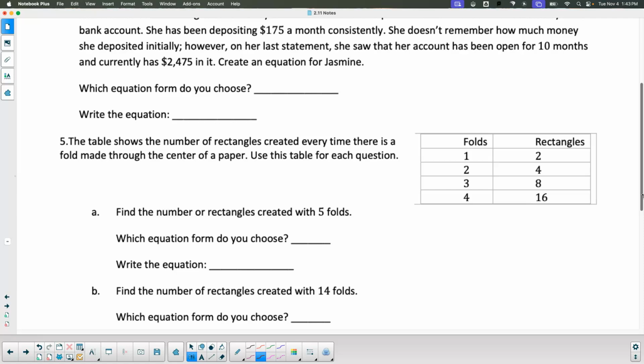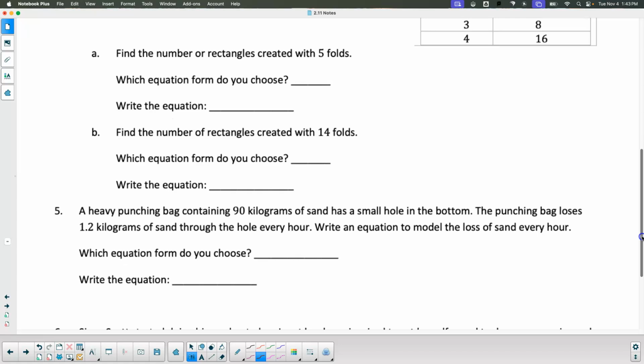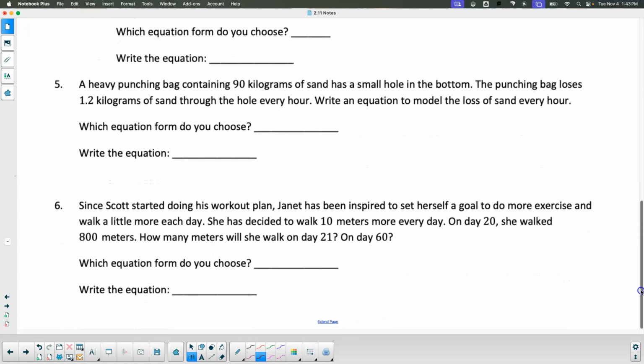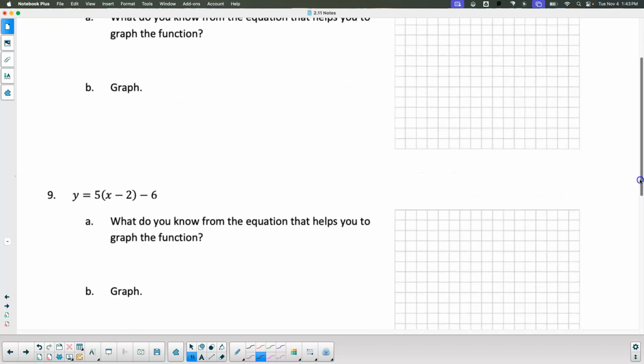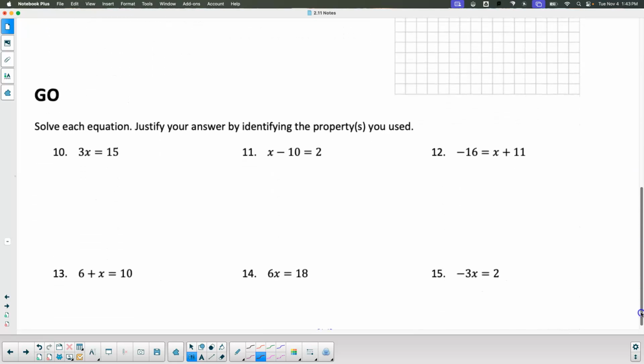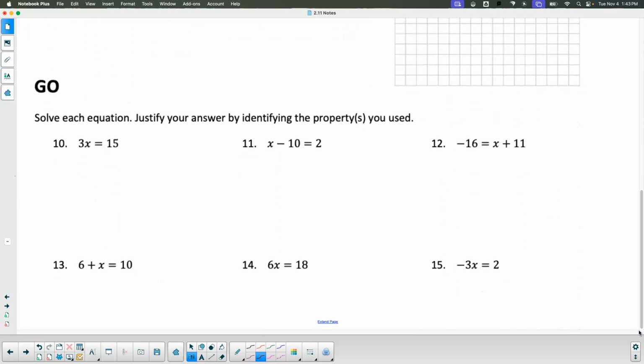It's not asking you for the fact that there are 32 rectangles created with 5 folds. Then the punching bag, Scott with a workout plan. All good. Then you've got 2 graphs, and 6 solves. Okay, all right.